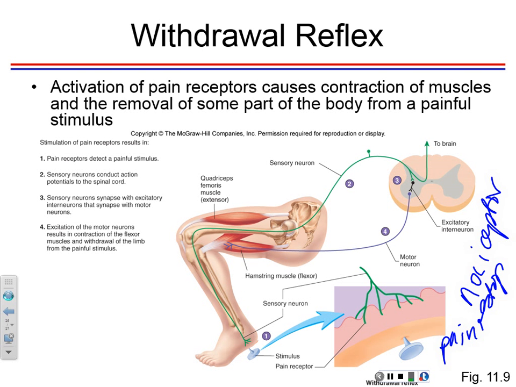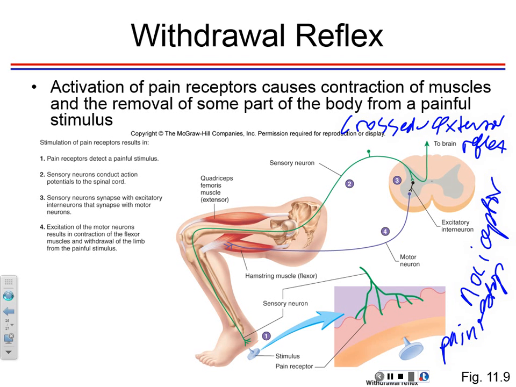So this withdrawal reflex doesn't usually occur by itself, unless you are removing your hand from a hot plate or something. You withdraw like that. But for the most part, it is accompanied with an opposite effect on the other side of the body, and it's called the crossed extensor reflex. I don't have it here. It will generate the opposite reaction on the other side of the body.